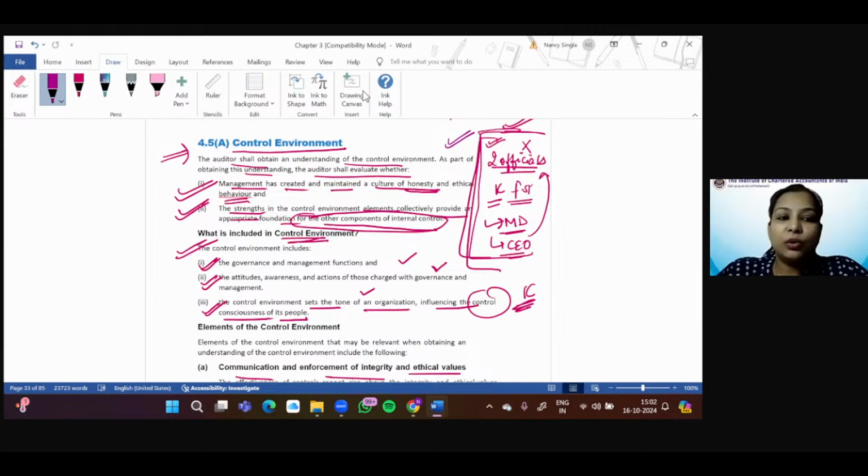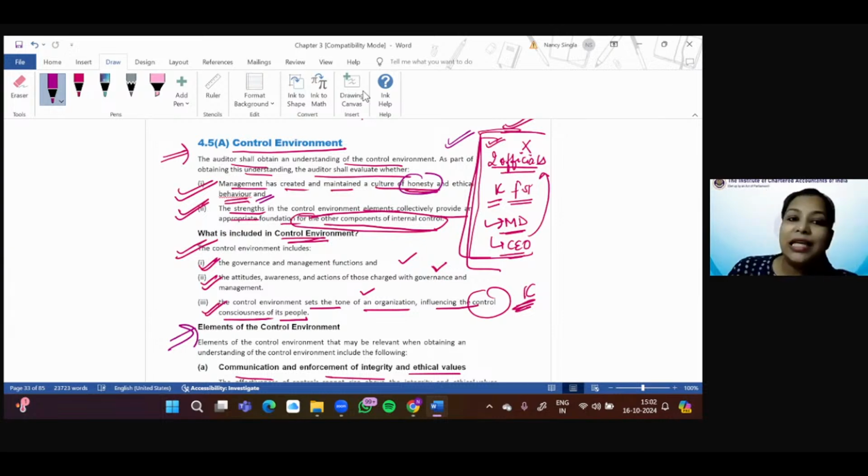So what is control environment? I told you that like a flower needs an environment to blossom, in the same way internal control also needs an environment to operate effectively, right? Basically, whether management has created a culture of honesty and ethical behavior. And students, we will be reading today about various elements of control environment.